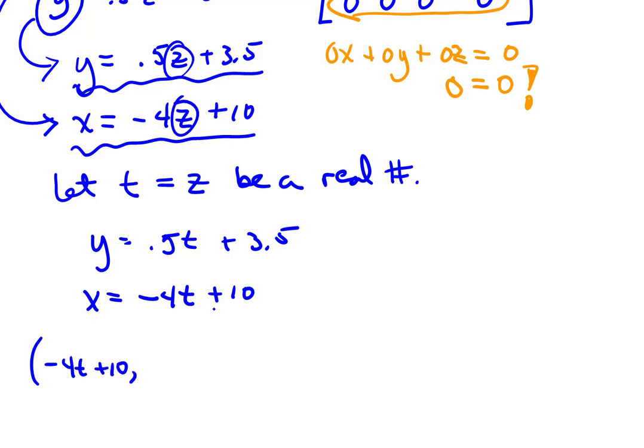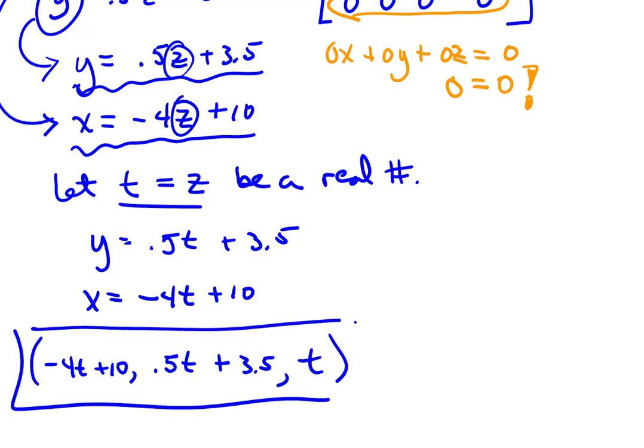For y, we put what it equals, which is 0.5t plus 3.5. And then for z, remember we said z is t, so we just put t. So this is one valid way of expressing it. Remember, this would represent all infinite solutions. It's a formula to do that, where you plug any real number t into each of these expressions and you get a solution.